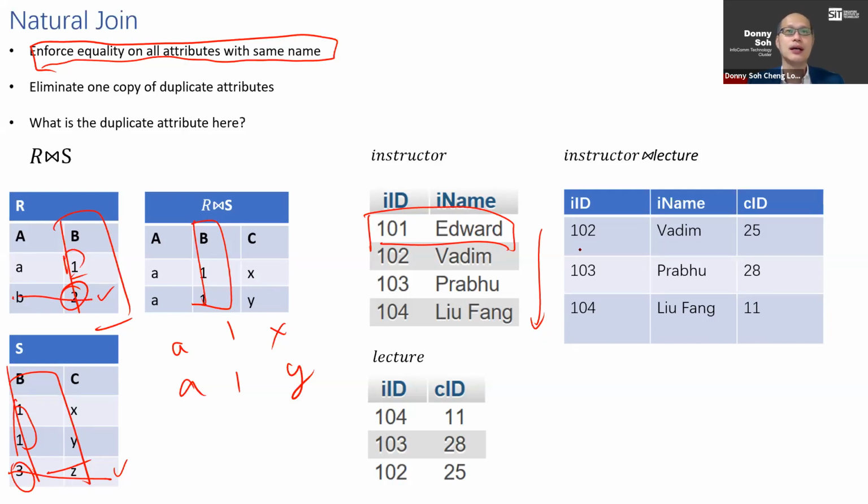When I do the join, he will be missing from my resultant table. So that is the downside of this. Later on, we'll be looking at outer joins, which will help us to resolve this kind of issue and eliminate this condition.